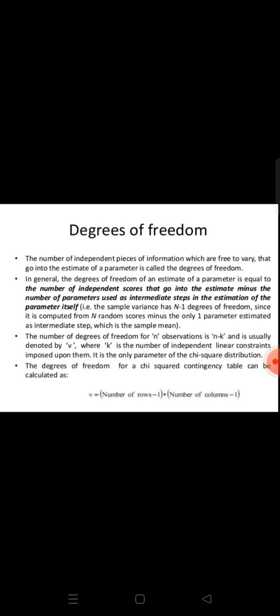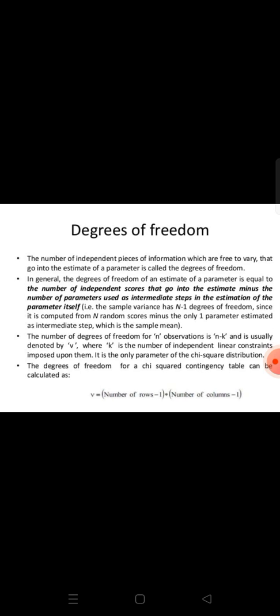For example, the sample variance has n minus 1 degrees of freedom, since it is computed from n random scores and only one parameter is estimated as an intermediate step, which is the sample mean.